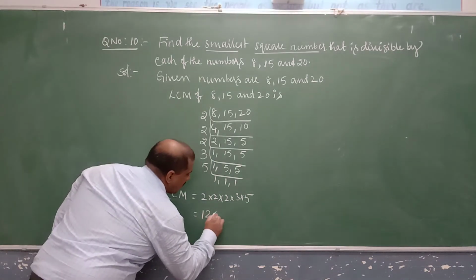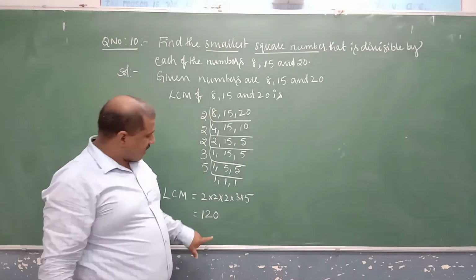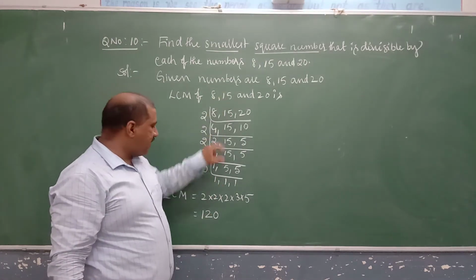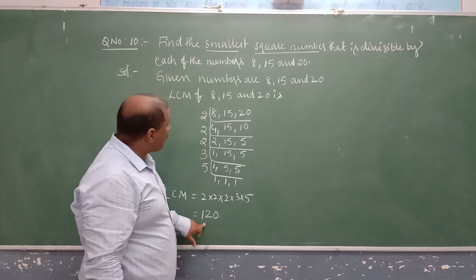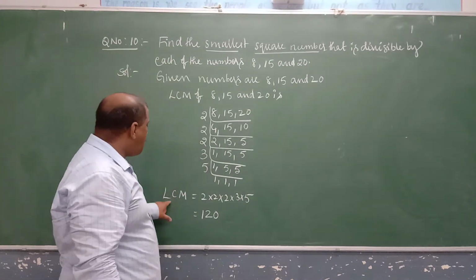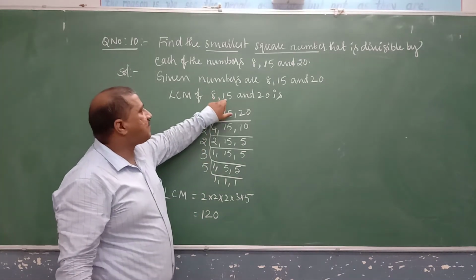So 120 is the LCM. This 120 is divisible by 8, 120 is divisible by 15, 120 is divisible by 20. So 120 is the least common multiple or the least number which is divisible by 8, 15 and 20.